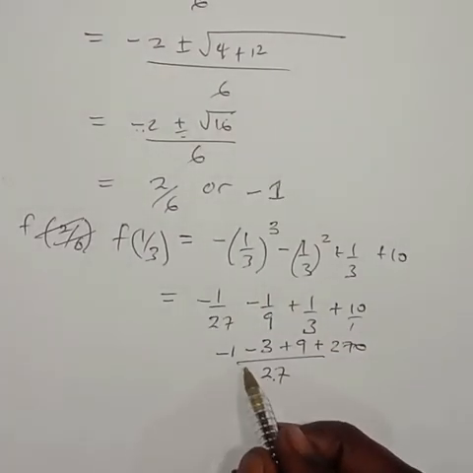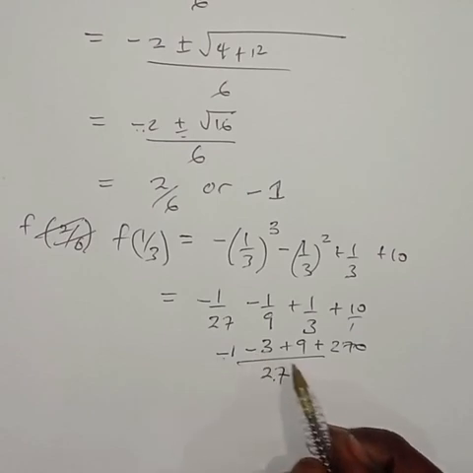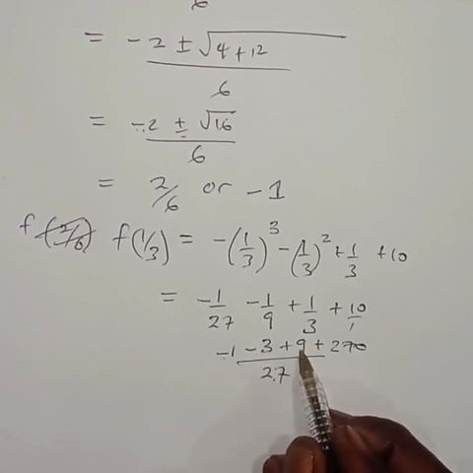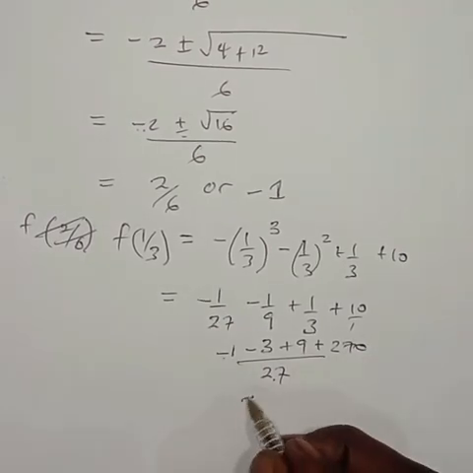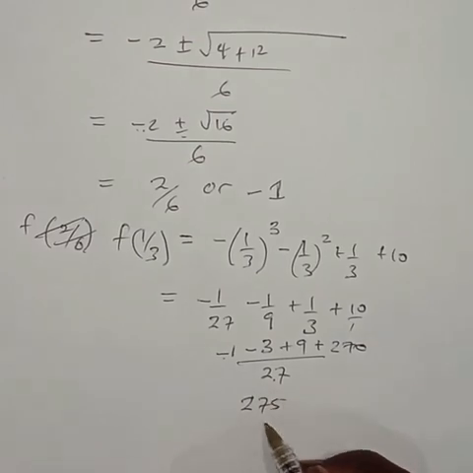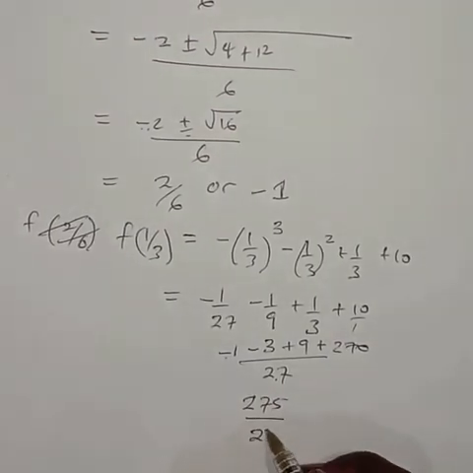That's going to give me minus 1 minus 3 is minus 4 plus 9, I get a 5. So that gives me 5 plus 270, 275 over 27.